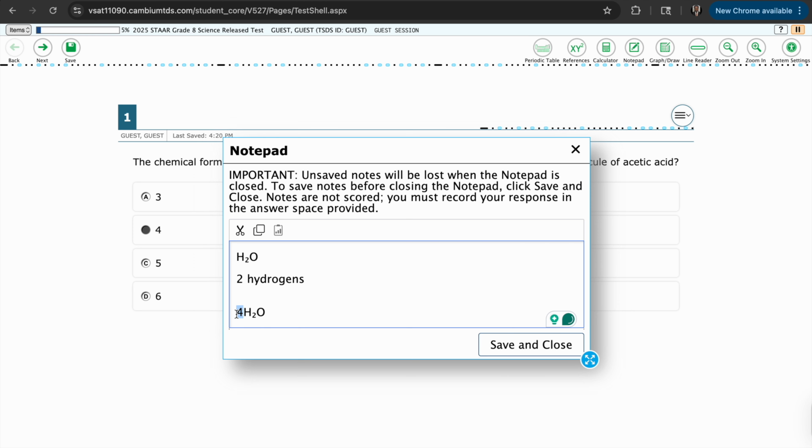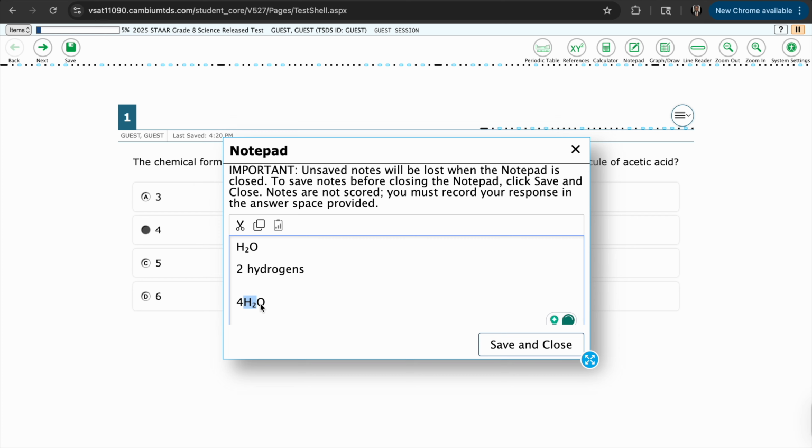Now, if you ever see something like this, pay attention to this 4 and this 2, okay? What does this mean? This 4 means we're going to multiply everything here by 4, okay? So before we had 2 hydrogens.